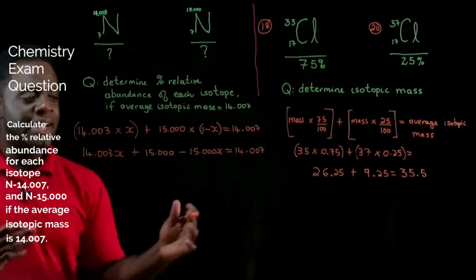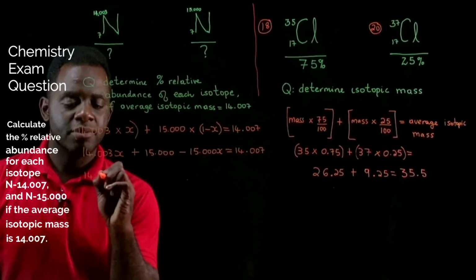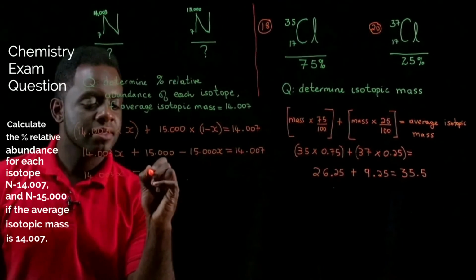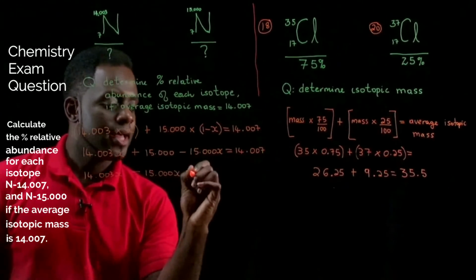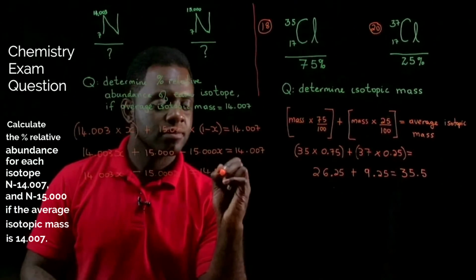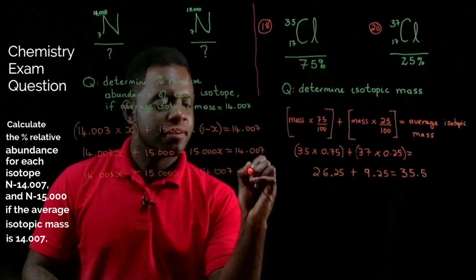Now, grouping like terms, we will have 14.003x minus 15.000x must be equivalent to 14.007 minus 15.